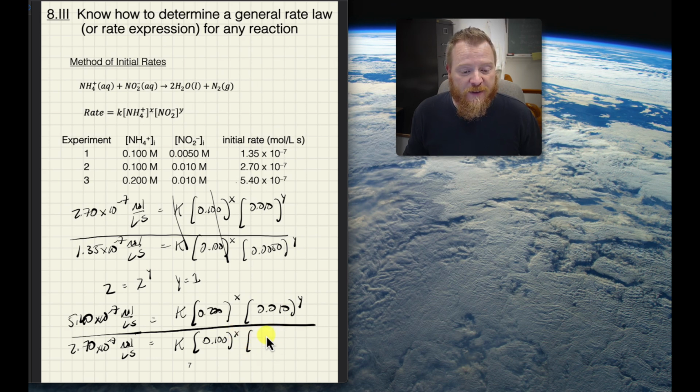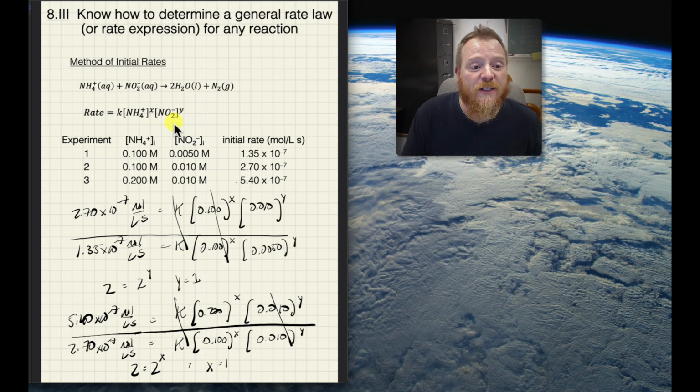Now you can see the nitrite concentration is unchanged. So now repeating that same process, K cancels, the 0.01 to the Y power cancels. 5.4 divided by 2.7 equals 2, and 0.2 divided by 0.1 to the X power becomes 2 to the X power. So you can see X is also equal to 1.